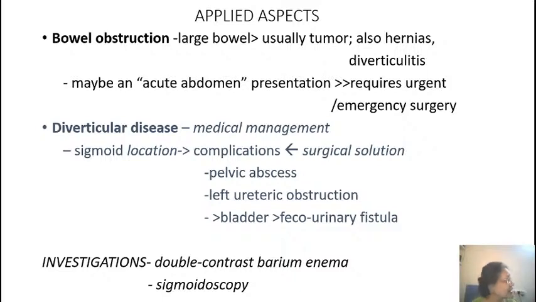Now let's come to applied aspects. The sigmoid is an area, like I mentioned, of high frequency of cancer. In different parts of the world, the percentages of this cancer vary. In Asia, Southeast Asia, and our subcontinent, comparatively there is less.